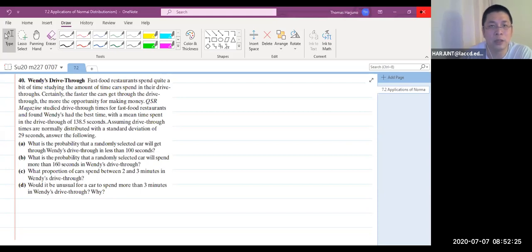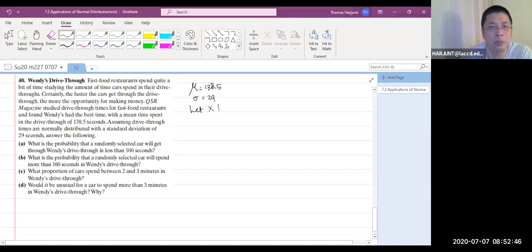So the mean is 138.5 seconds, and assuming the time is normally distributed with standard deviation 29. Let me start with defining the random variable.